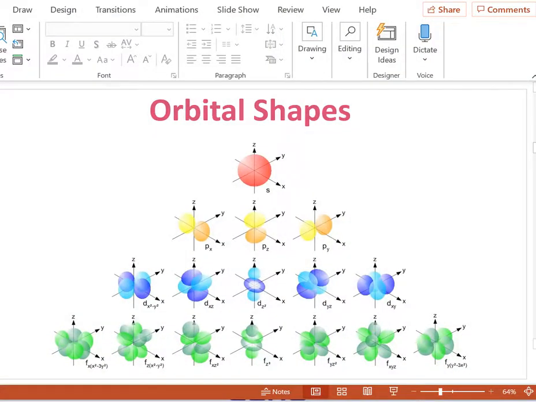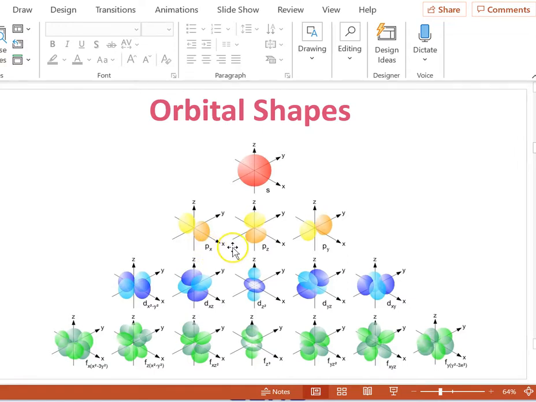So here's what those orbitals look like. Again, we said we have 1 S orbital, 3 P, 5 D, and 7 F. And it has to do with its rotation around the axis. So S is a sphere. It's always going to look the same regardless of which axis we rotate it around.